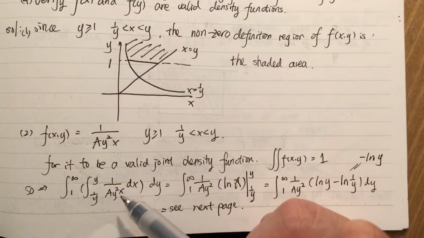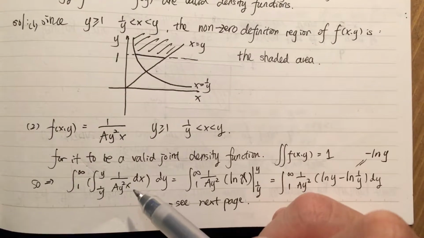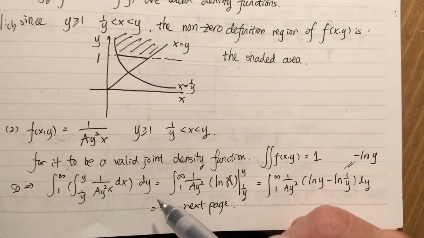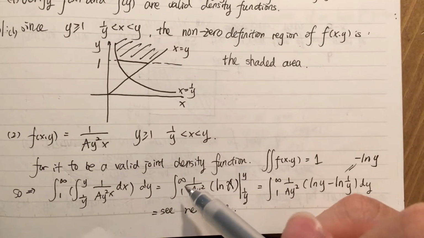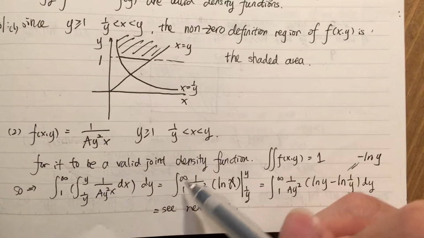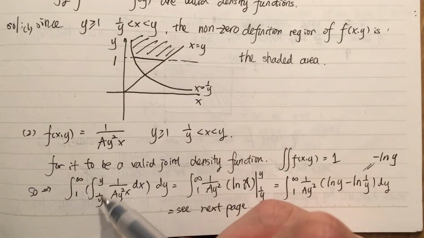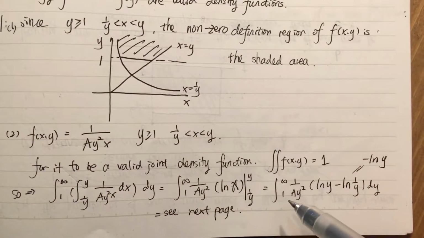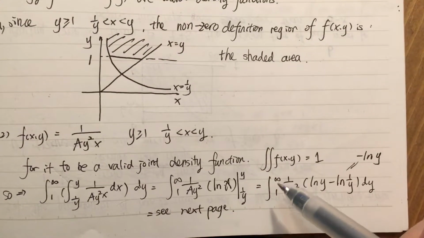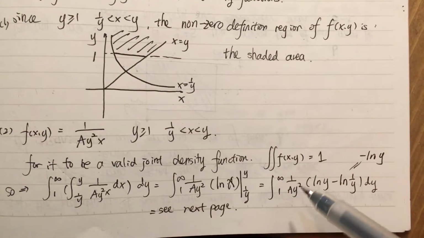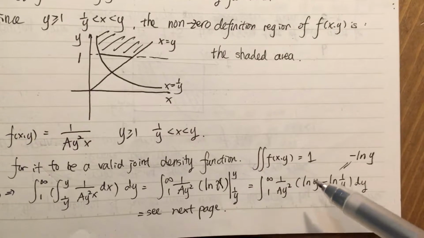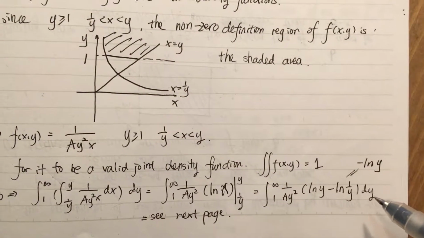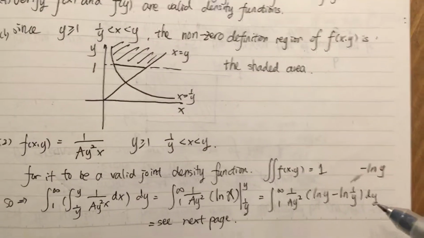We first take the integral with respect to x, where y is from 1 to infinity, and x is from 1 over y to y. We eventually get the integral of 1 over a times y squared times 2 times ln of y, and take the integral with respect to y.